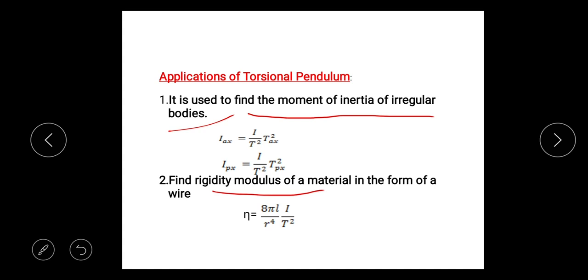It is given by η or n, which is equal to 8πL divided by r⁴ multiplied by I/T², where L is the length of the wire, r is the radius of the wire, I is the moment of inertia, and T is the period of oscillation. So the rigidity modulus of a wire we can find out. It is different for different materials, so we can find it by using a torsional pendulum.